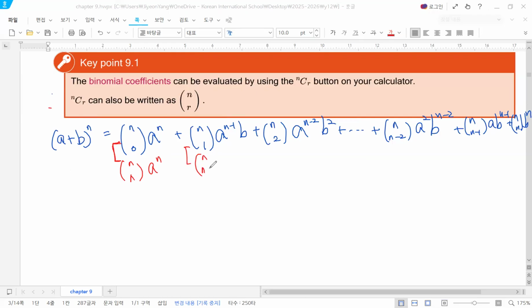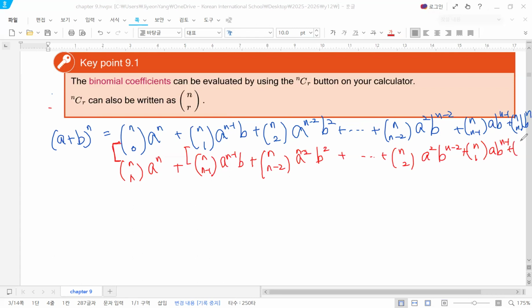nC(n minus 1). You can write it down in this way because the values of those two are the same. Do you understand? nC(n minus 2) a squared b to the power of n minus 2 plus dot dot dot plus nC2 a squared b to the power of n minus 2 plus nC1 a b to the power of n minus 1 plus nC0 b to the power of n.